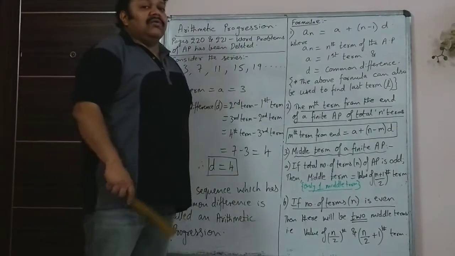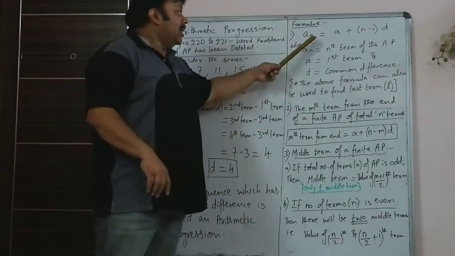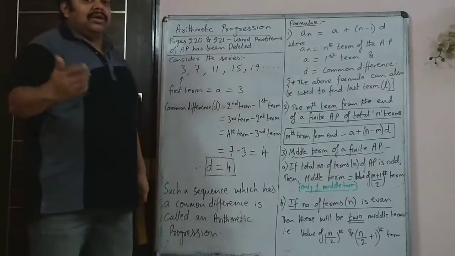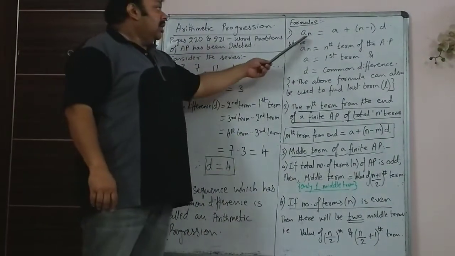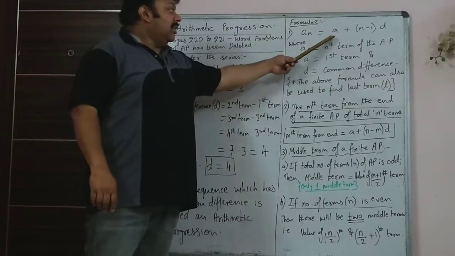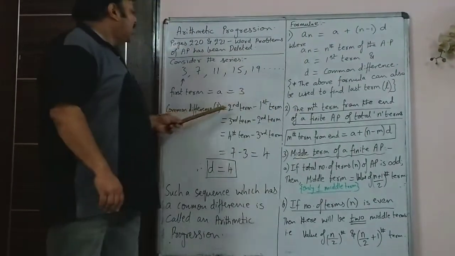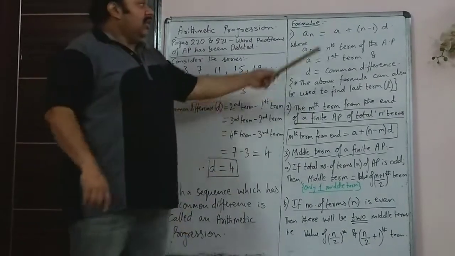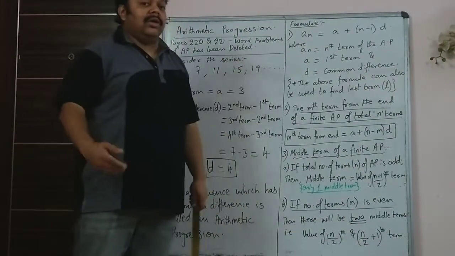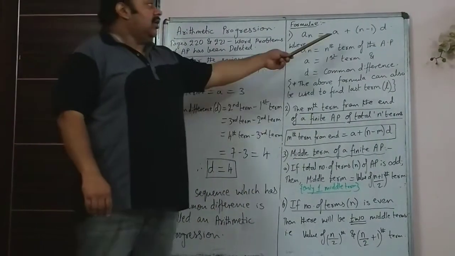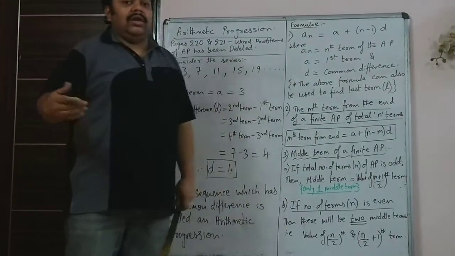So like that you can find any term, where n is that particular term, say the 100th term. A100 would be 3 plus (100 minus 1), 99, into the common difference, which is 4. So 99 into 4 would be 396. 396 plus 3, 399.